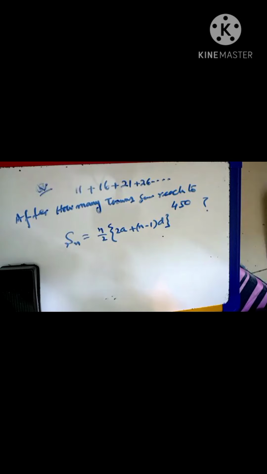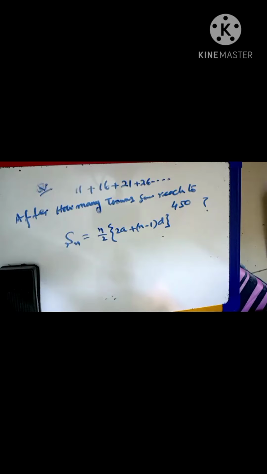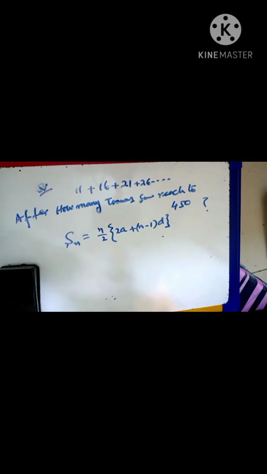Yeah, SN is used for the sum of n terms, for geometric also and for arithmetic also. Shouldn't I be using UN? You can use UN, but UN is the last term, but SN is the sum of the n terms. But 450 isn't the sum of the terms, 450 is the last term. You will use that one. A sum up to 450 means SN is 450.